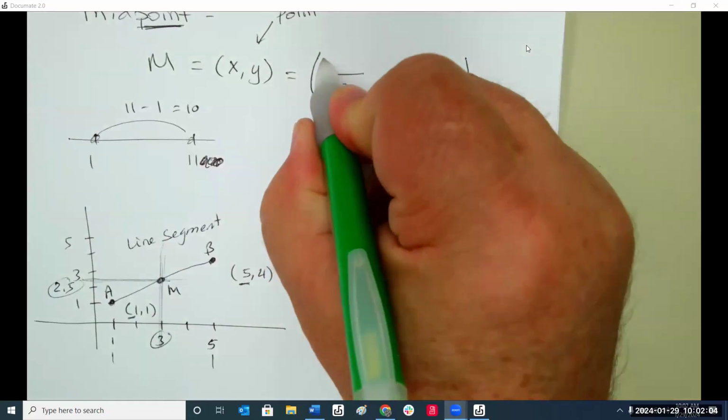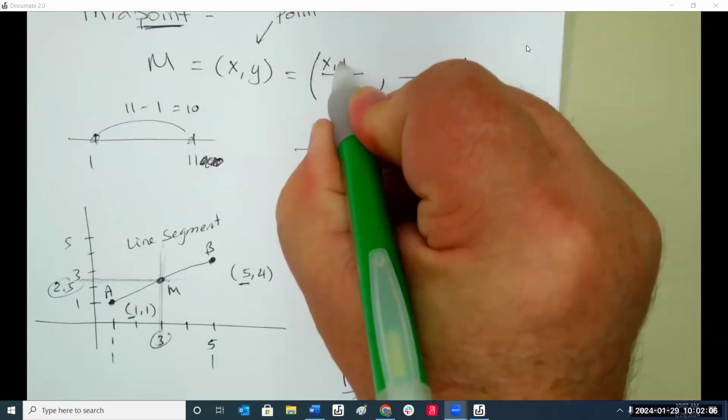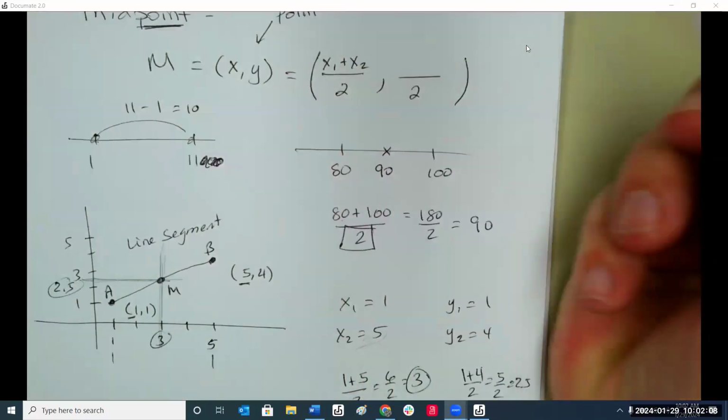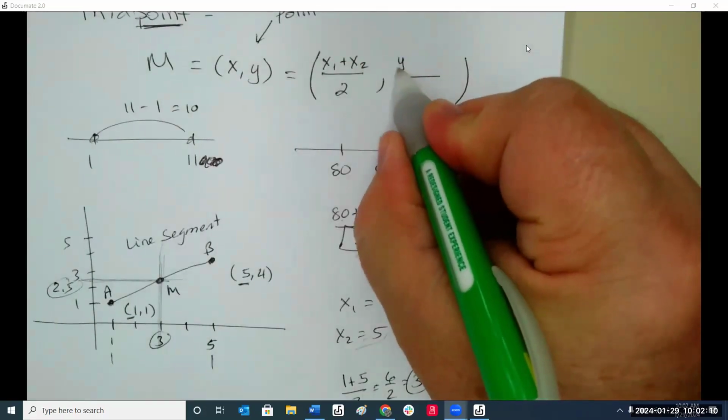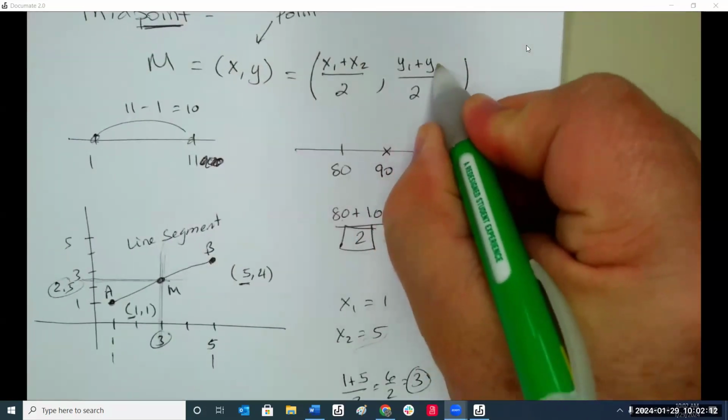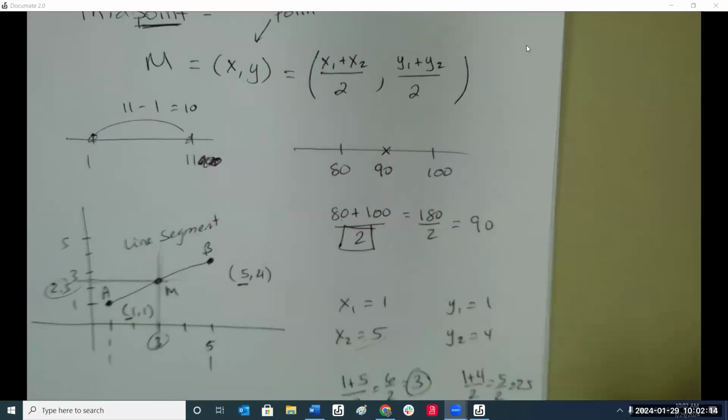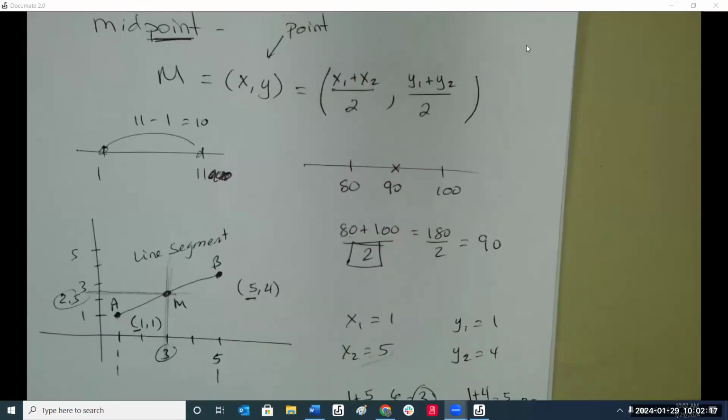Very good. Excellent. X1 plus X2, and then the Y values, same thing. Very good. So that's the formula for midpoint. Take the average of your X's, the average of your Y's, and there's your point.